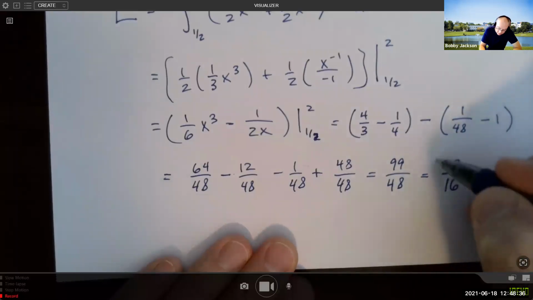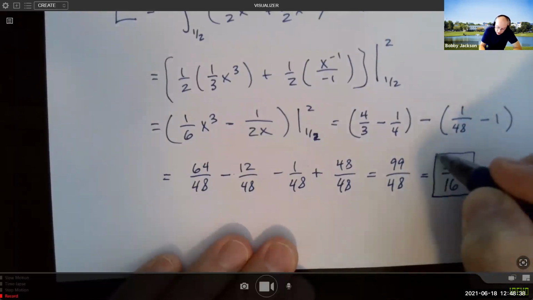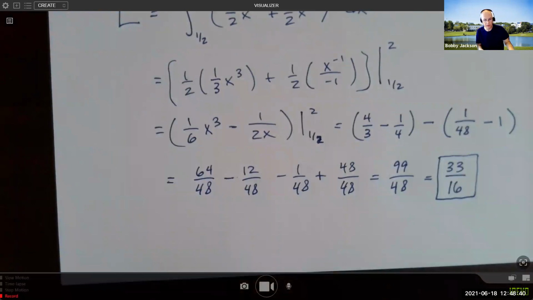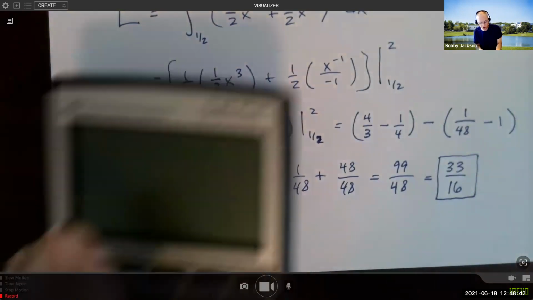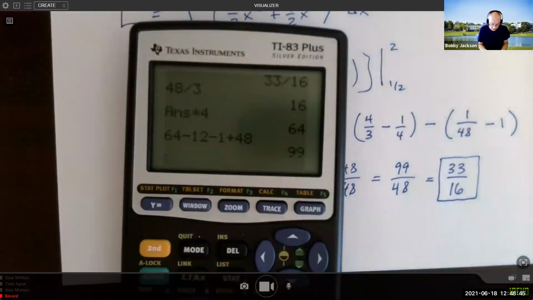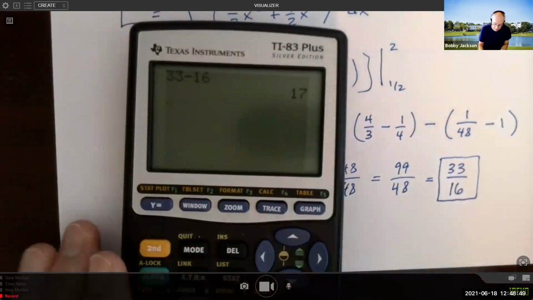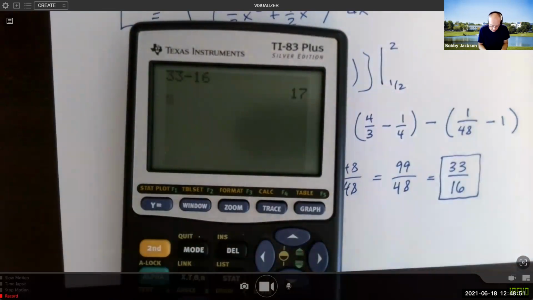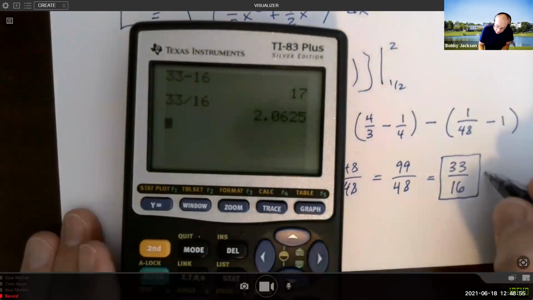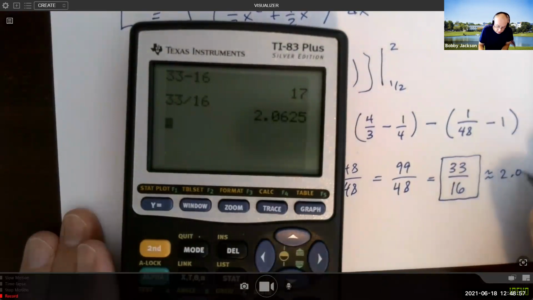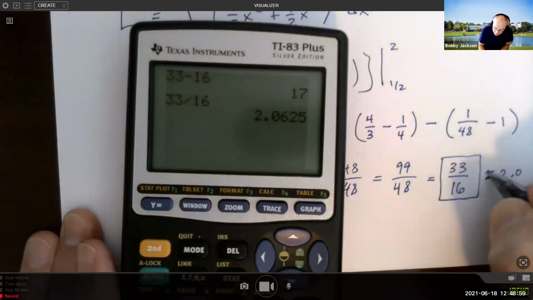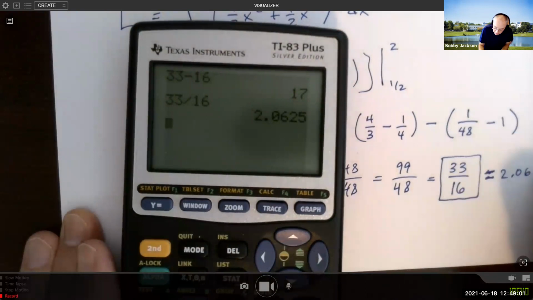And there is your arc length, which is going to be just over 2. 33 divided by 16 is exactly 2.0625.